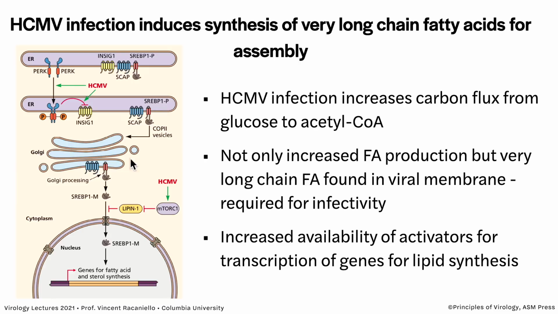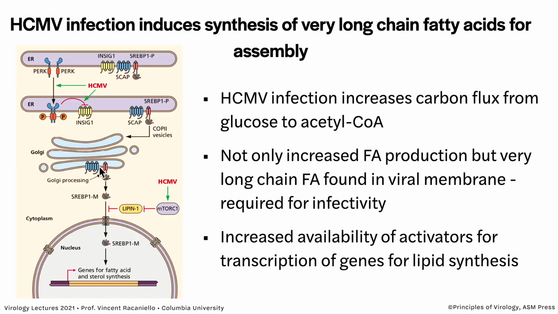Now, in human cytomegalovirus-infected cells, that virus, of course, makes glycoproteins in the ER. It causes ER stress, which causes PERK to dimerize. That's the ER kinase. And when PERK dimerizes, it pulls this protein off of SCAP SREBP1, and that allows it to then move through the Golgi.